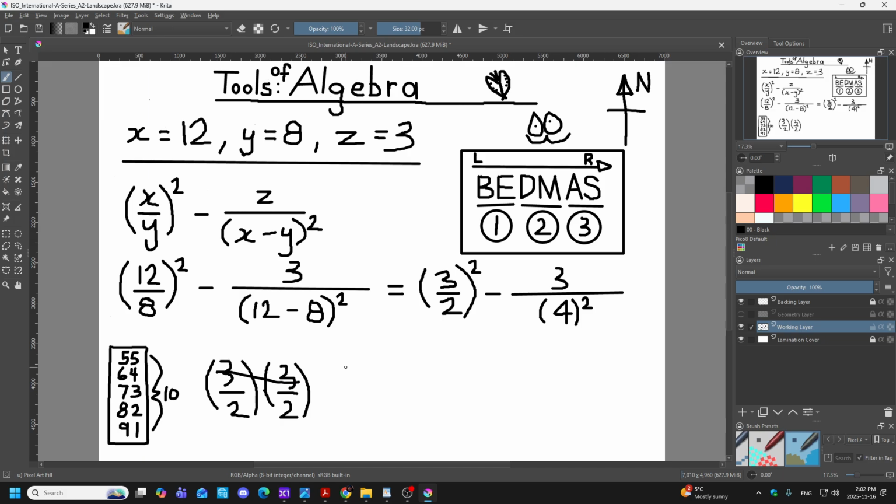So we have 9 over 4. Okay, see that? So I'm going to rewrite this as 9 over 4. Subtracting. Actually, it's not going to be very large. So we have 4 squared is 4 times 4, which is 16. And 3 is just on top.